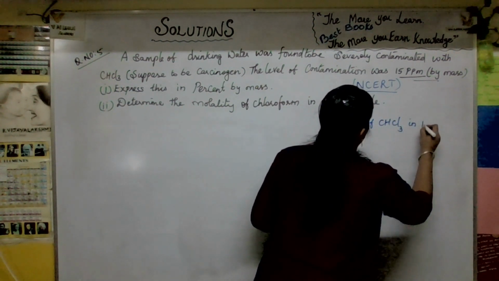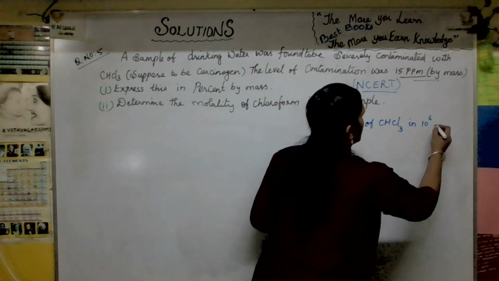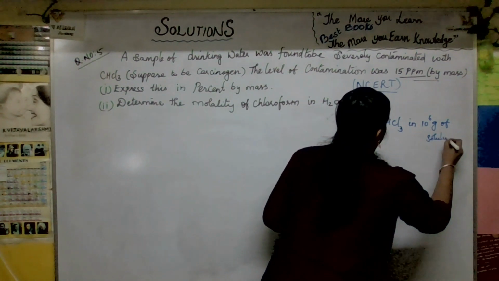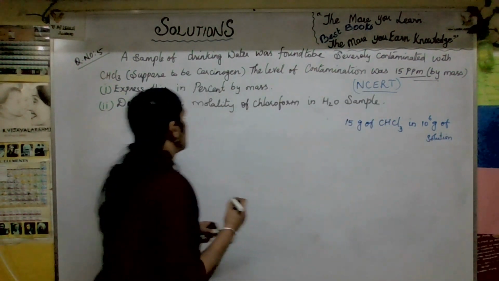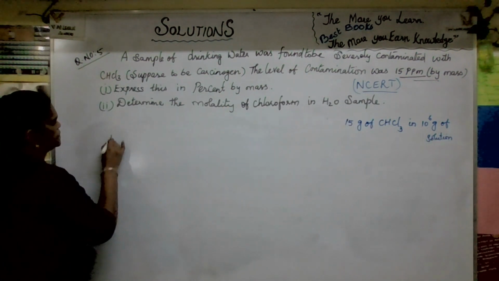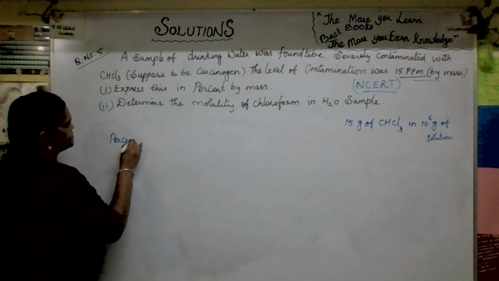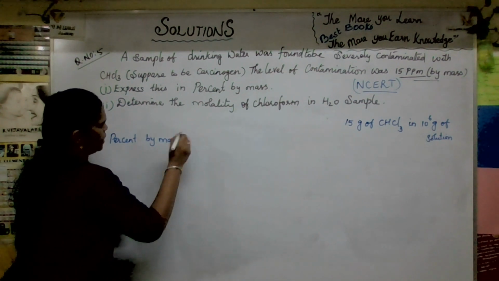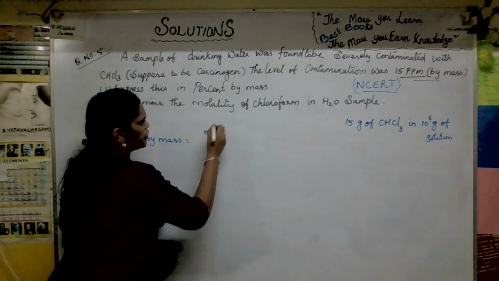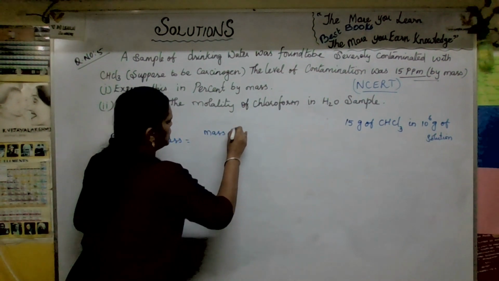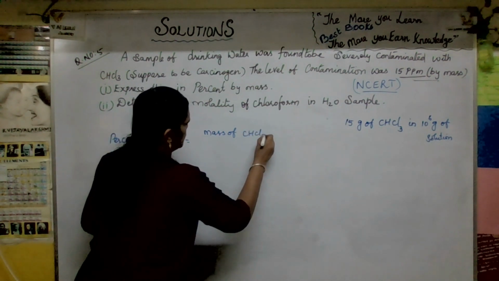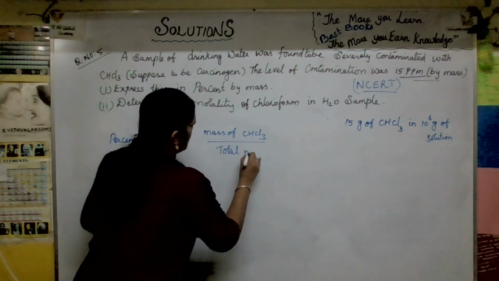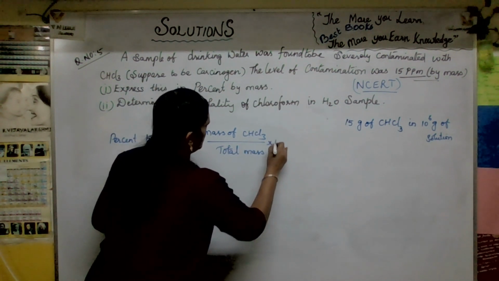in 10 to the power of 6 gram of solution, right? That means percent by mass equal to mass of chloroform divided by total mass into 100.